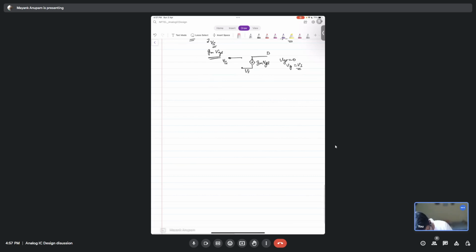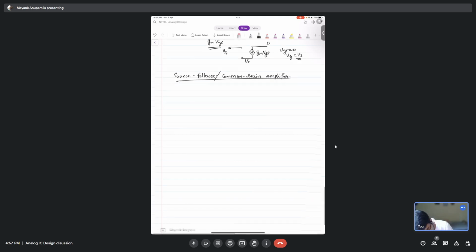So you have heard about the source follower, or in other words, the common drain amplifier. What is that? You have a resistor here, let's say R, or let's say you do not have a resistor, you have simply some V bias here.